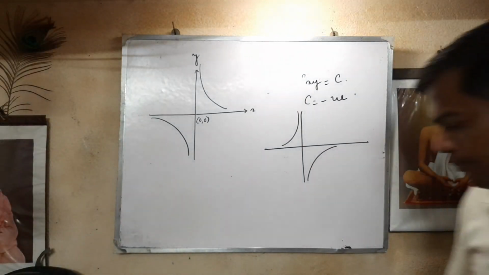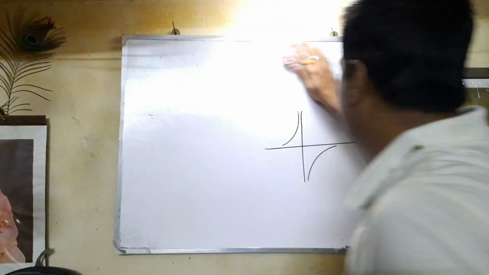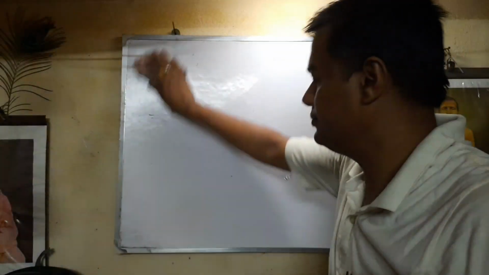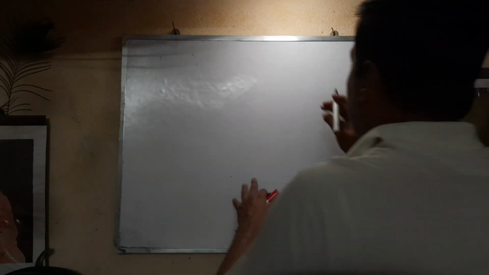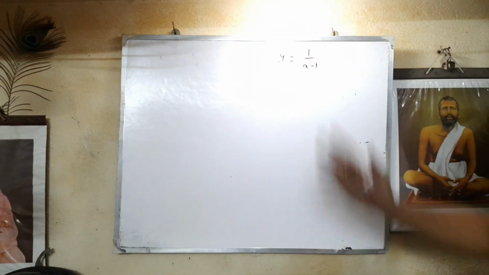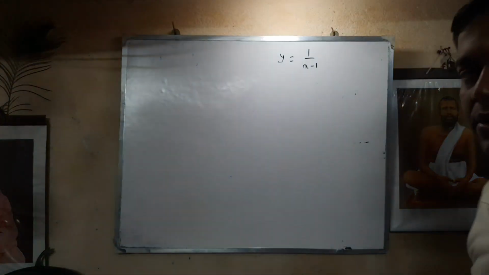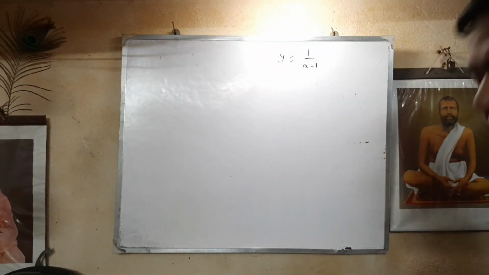Okay. Now for a simple example, let me be asked to draw the graph of y equals 1 by x minus 1. From the very nature of the equation given on the board, you are convinced that it should be a rectangular hyperbola. Now how to sketch that?